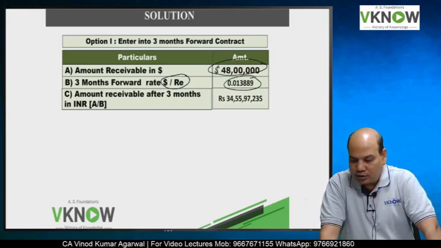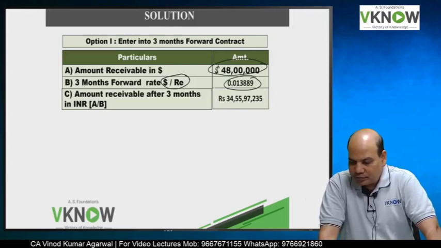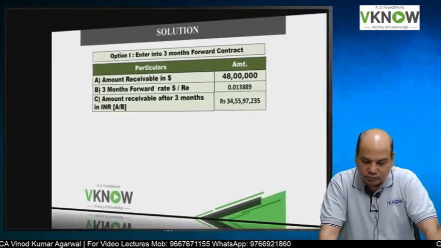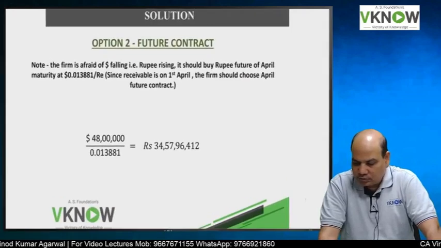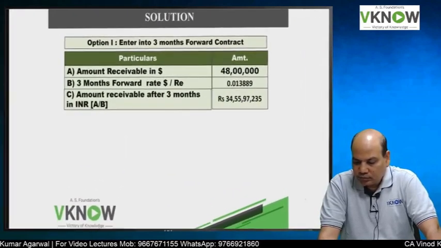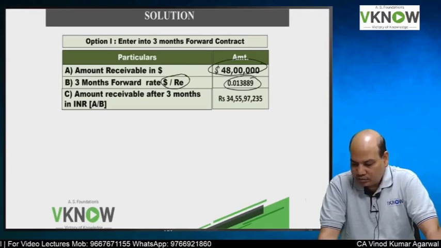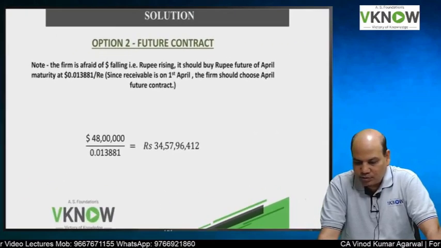So divide, you will get 34 crore 55 lakh 97,235. Are you getting this answer? Check it again. 34, 55, 97, 235.